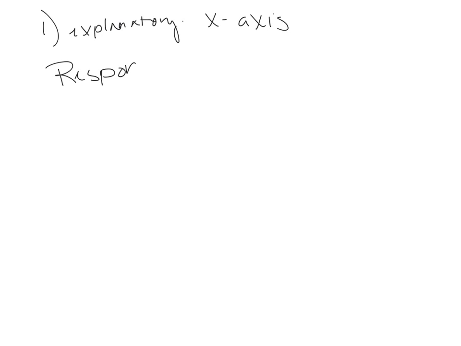All right, so which axis do we always plot the explanatory variable? The explanatory variable, again, has that x in it, which reminds you that you plot it on the x-axis. The response variable does not have an x in it, so that reminds you that you plot it on the y-axis.